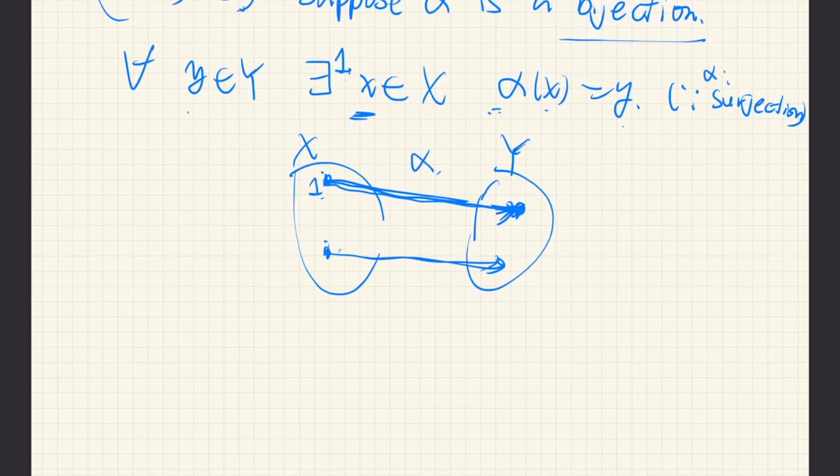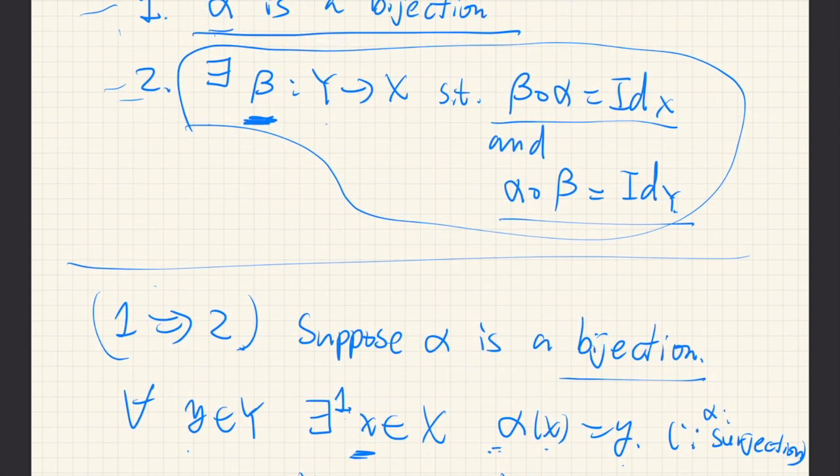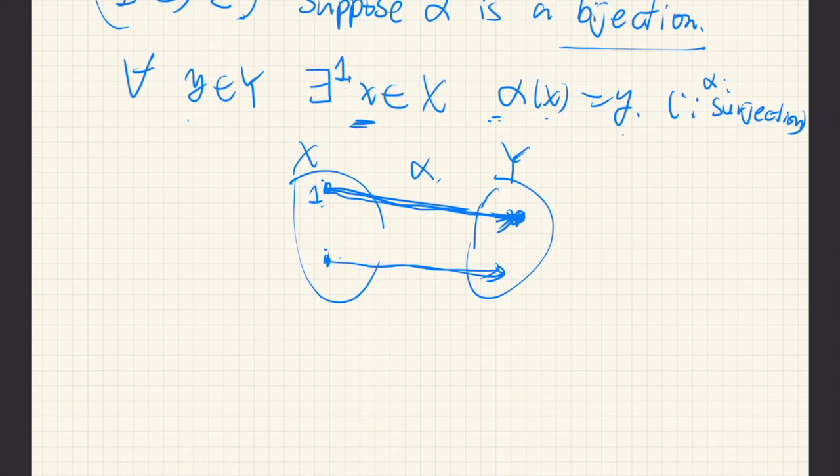Now, we want to prove the existence of some map beta such that this and this holds, right? So how do we define this map beta? So using this unique X, we define for each element in Y, this unique element to be the value, the output of beta.